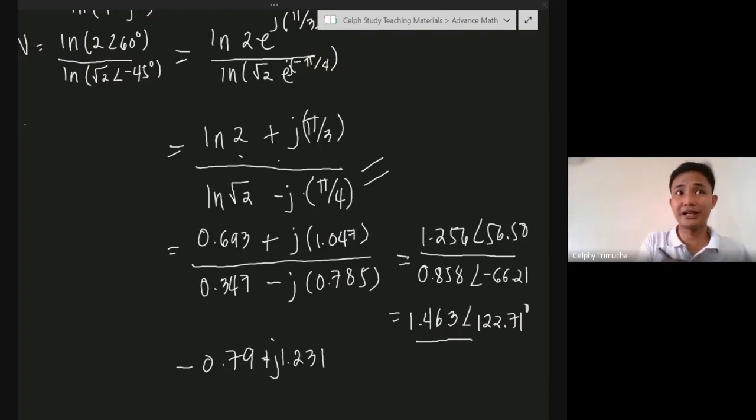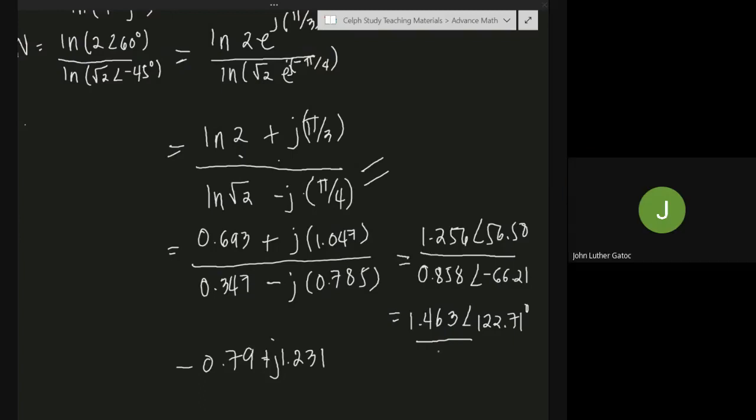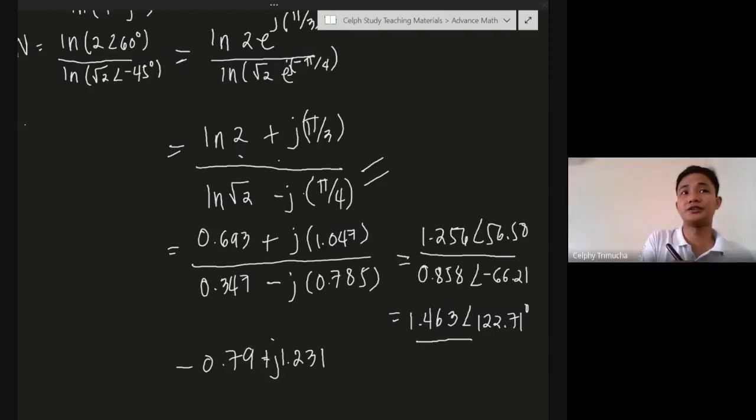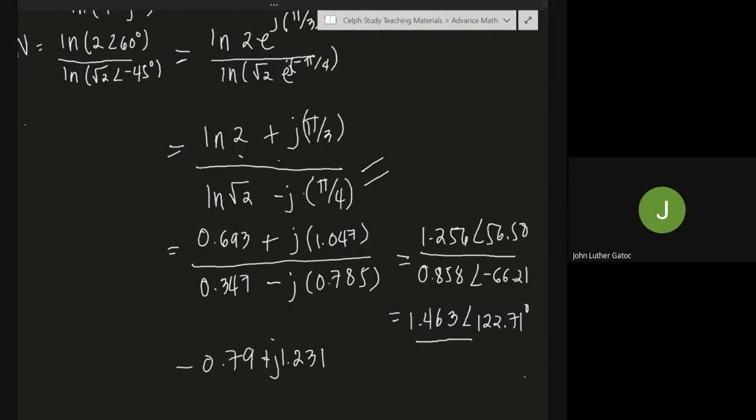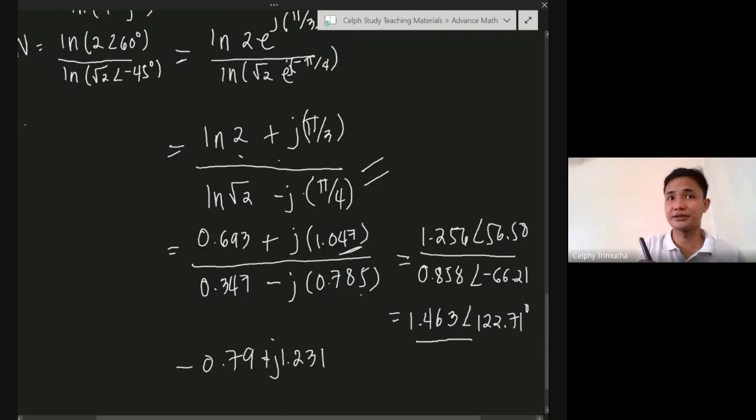Pila nag-appear sa calculator? 1.672, approximately, same lang ang angle.